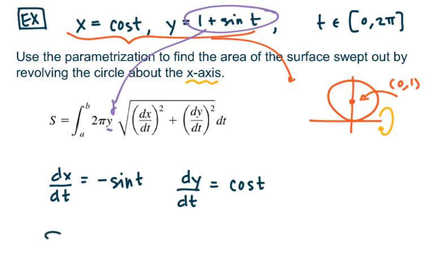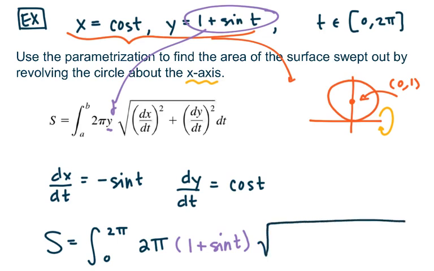Setting up my surface area of revolution formula, that's going to be the integral with bounds from 0 to 2 pi. The formula has a 2 pi in it, my y function is 1 plus the sine of t, and then I have the square root of dx/dt squared, which is negative sine of t squared, plus dy/dt squared, which is cosine of t squared.